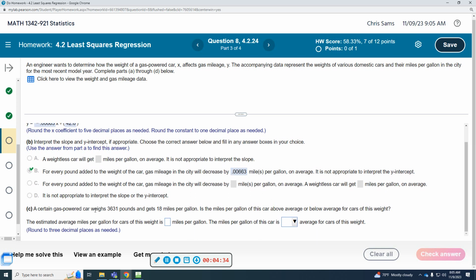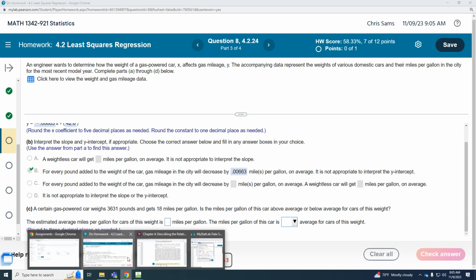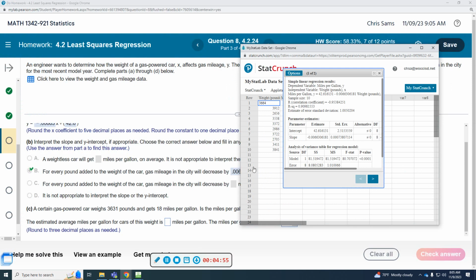So part C, a gas-powered car that weighs 3,631 gets 18 miles per gallon. Is the miles per gallon of this car above or below the average for cars of this weight? So we probably are looking at a value that's not in the table.